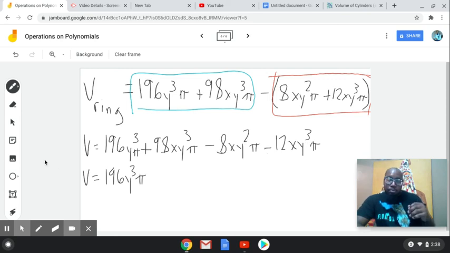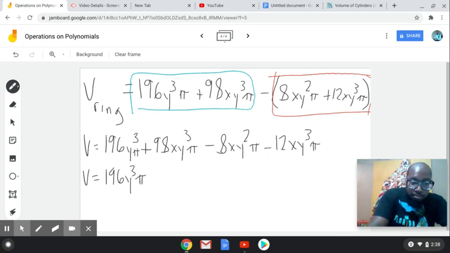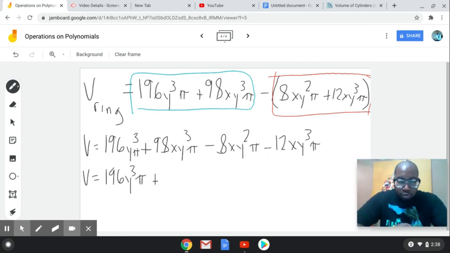When I combine them, I'm either doing addition or subtraction. In this case, the 98 is positive. This is negative, so I'm just going to subtract them. And since the 98 is the higher term, it's still going to be positive. So this is going to be plus. So just like basic subtraction, 98 minus 12 in this case. And that is going to be 86.